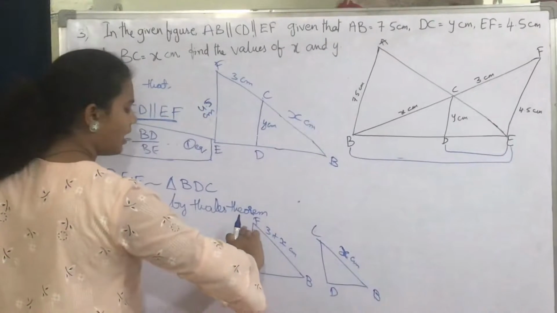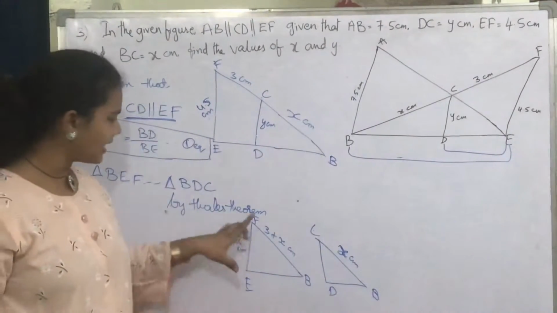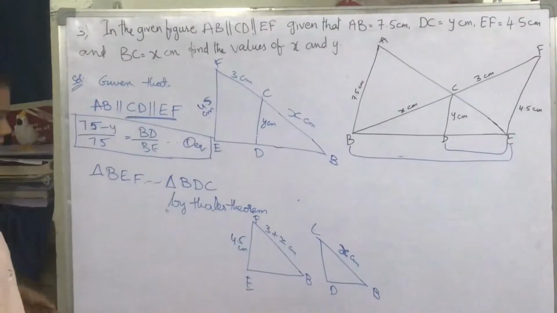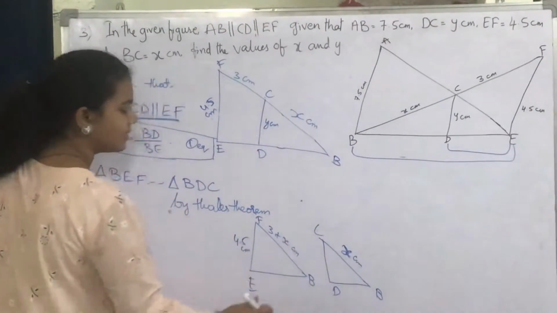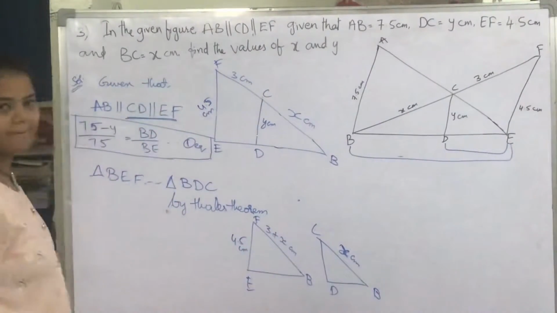When two triangles are similar, their corresponding sides are divided in equal ratios. Thus EF by CD equals BE by BD and BF by BC.